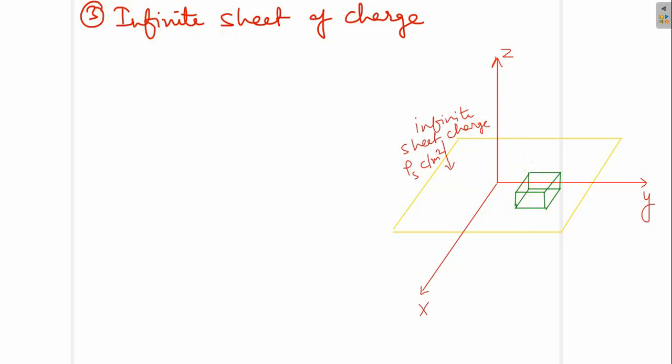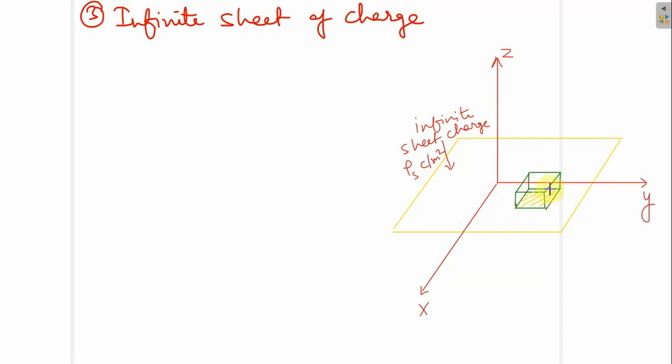This shaded portion is the element over this infinite sheet.